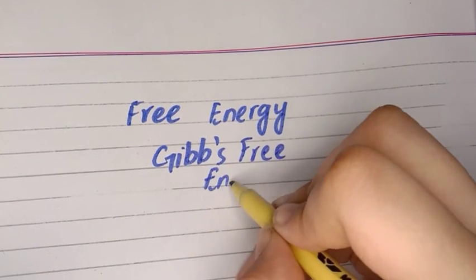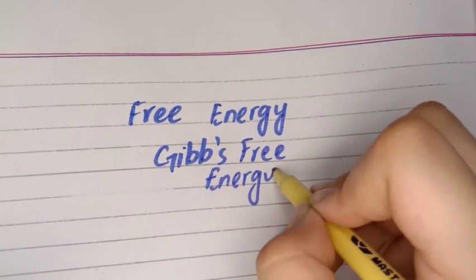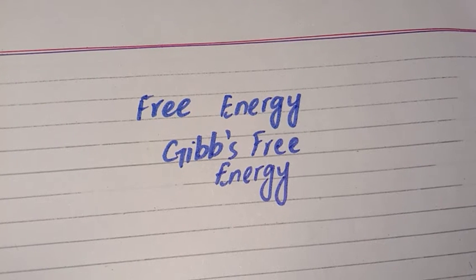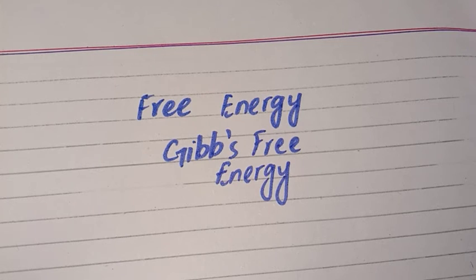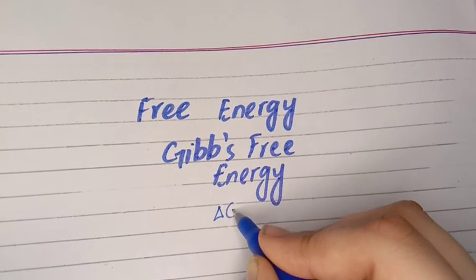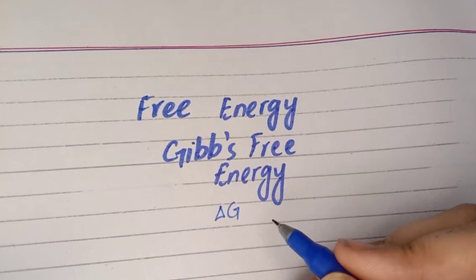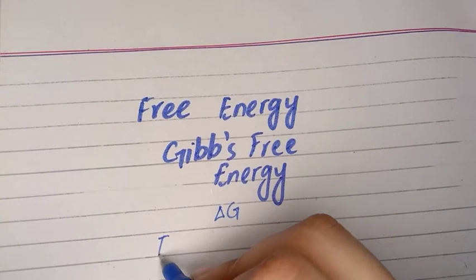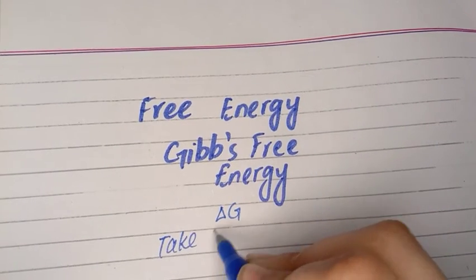So entropy means the molecular randomness, and the amount of molecular randomness in a system is known as the system's entropy, which is denoted by S. We can see that less randomness means lower entropy, and more randomness means higher entropy.